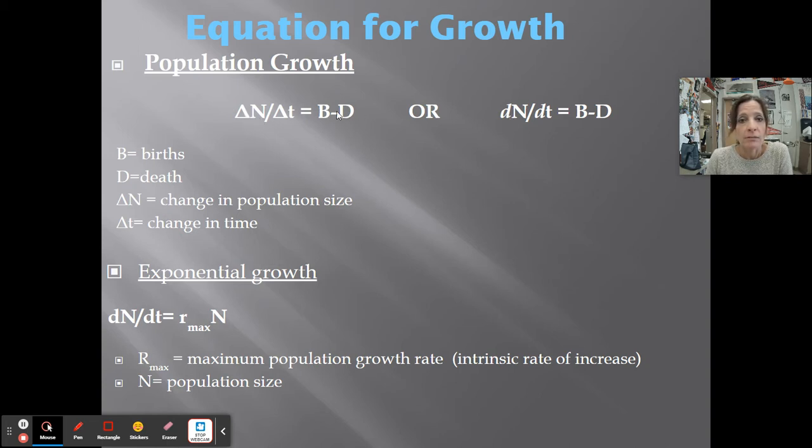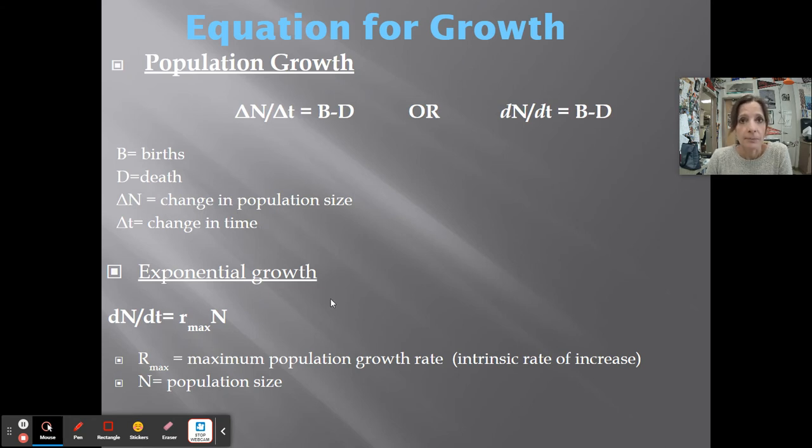So I just wanted to make you aware that delta N over delta T is the same thing as this D that's italicized. They probably couldn't print a triangle. So this would be the change in population size over a certain amount of time is equal to your birth minus death. So those things are here, and these equations are on your equation sheet.